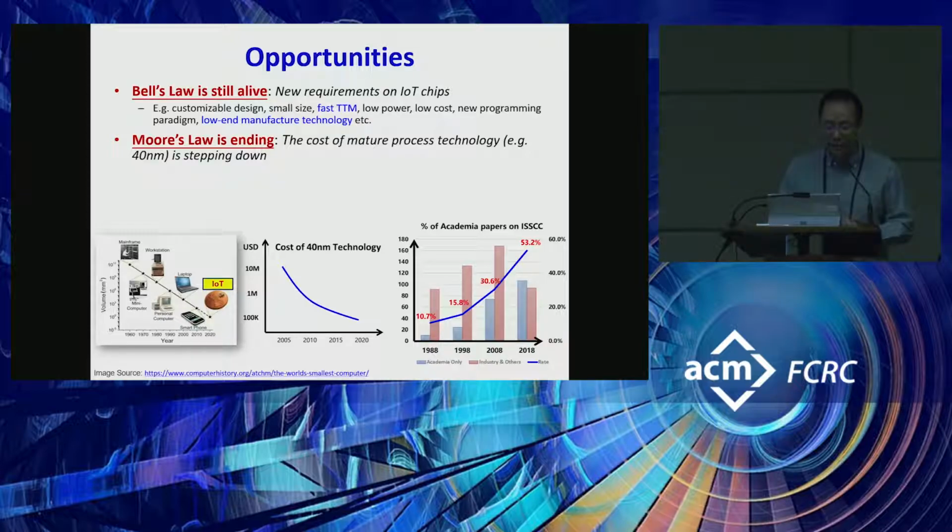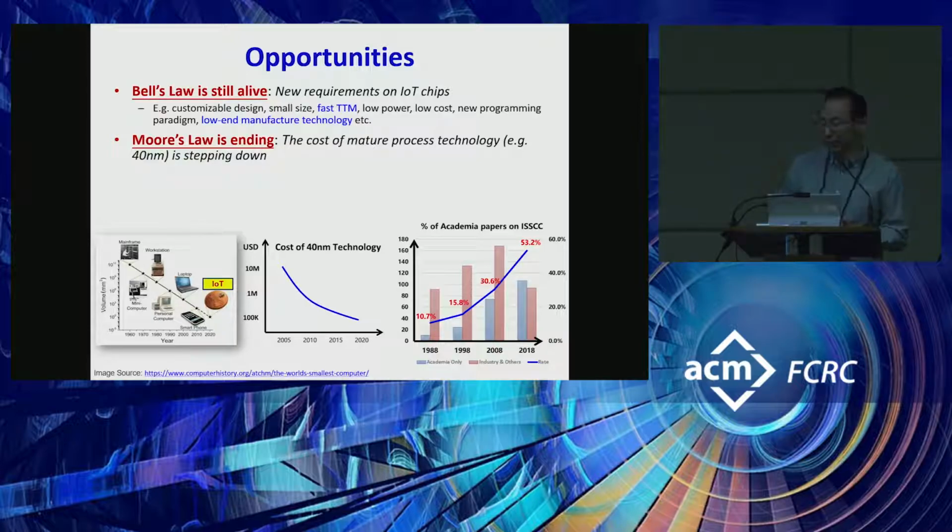So the ending of Moore's law actually brings new opportunities. Since it's ending, the cost of mature process technology is stepping down. The cost of 40 nanometer technology has stepped down by orders of magnitude. This brings innovation.